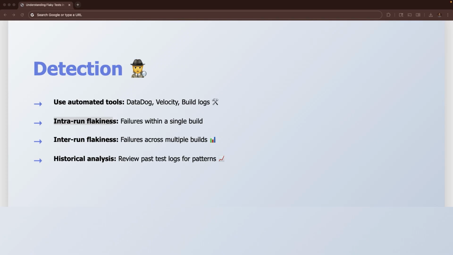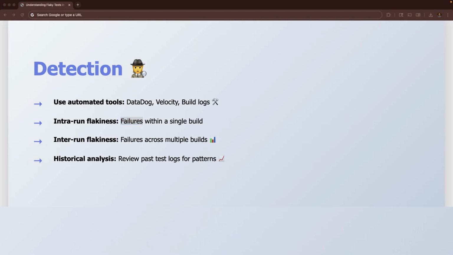But the only problem is that retrying slow tests is expensive, and retry is not recommended, strictly speaking, because a retry might pass the test, but it might hide the real bugs.